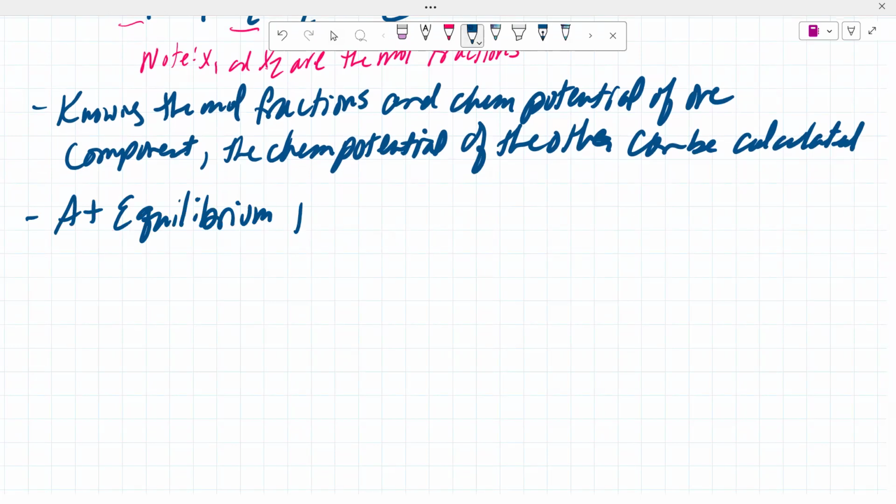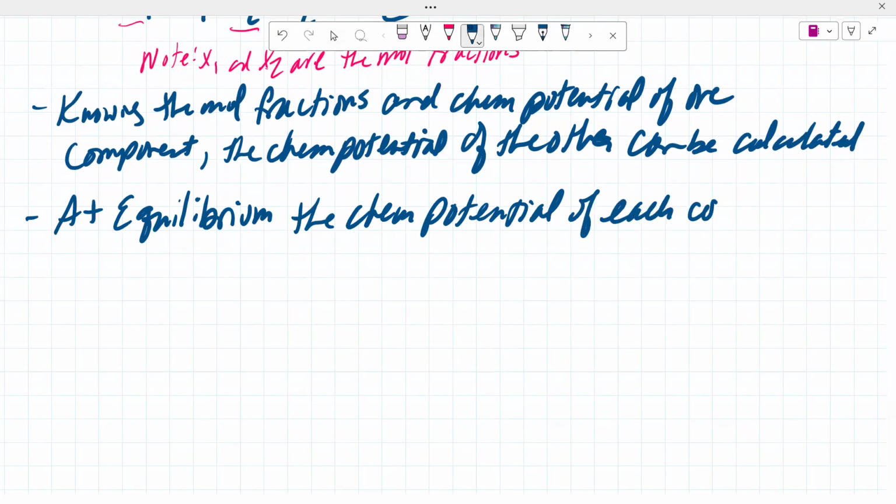Chemical potential of each component has the same value in each phase in which the component appears.